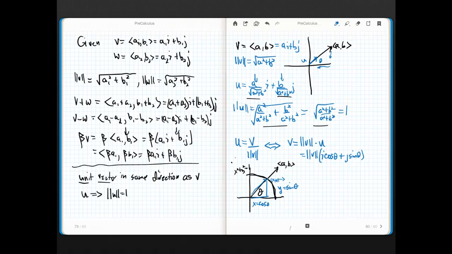That's pretty cool. That's really cool, isn't it? So if I can figure out what this theta is, and I want to rewrite my vector anytime I want, I can simply take it as the magnitude of the vector times i cos theta plus j sine theta. You'll see this written in your textbook as cosine of theta i plus sine of theta j.